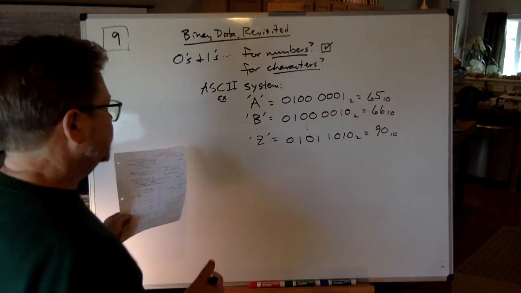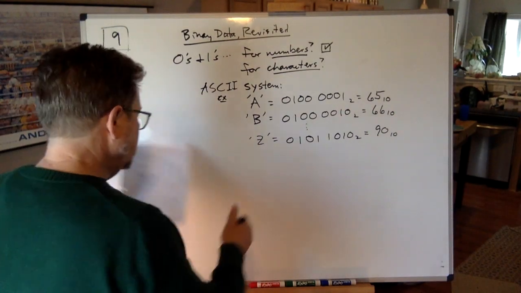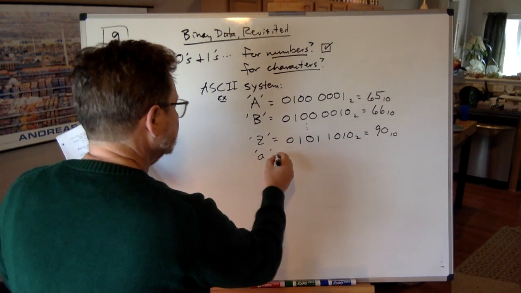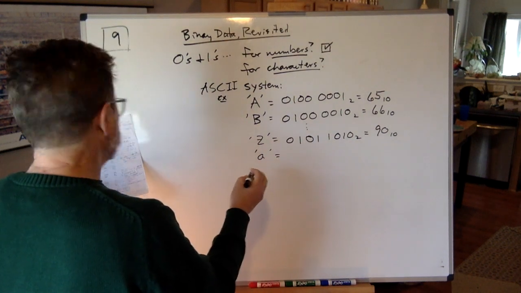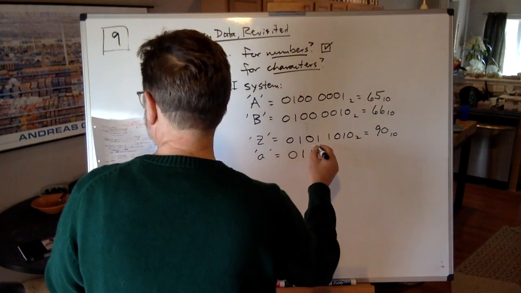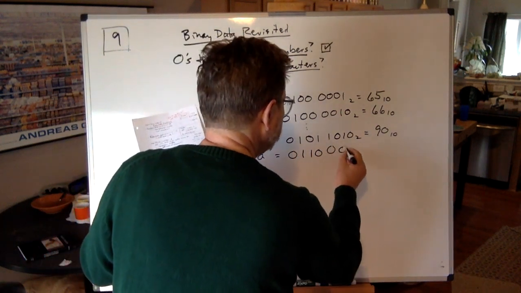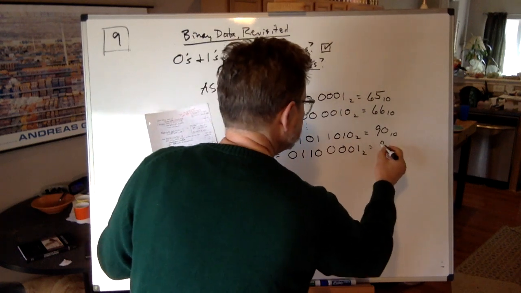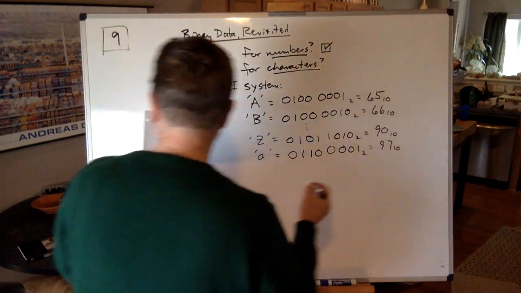Now, there are also codes for digits, not just ABCs. Well, let me get done with the ABCs first. There's lowercase a after that. Now, here's something that might seem counterintuitive. The lowercase a is 0, 1, 1, 0, 0, 0, 0, 1, base 2. And that's 97, base 10.